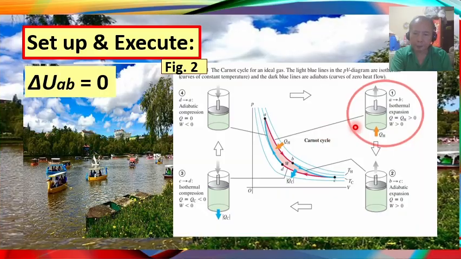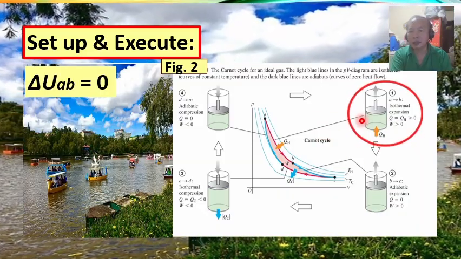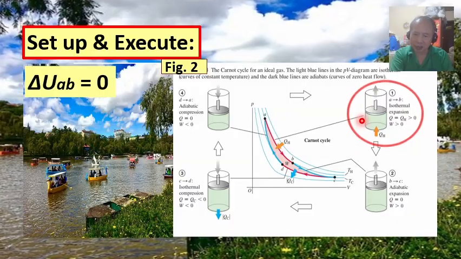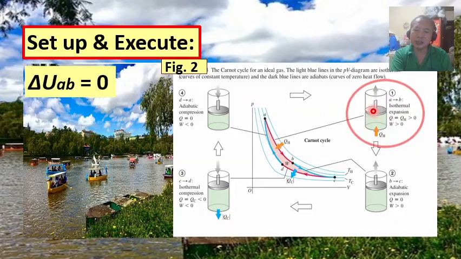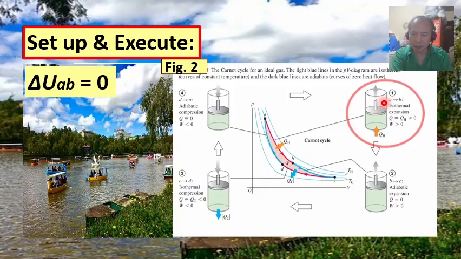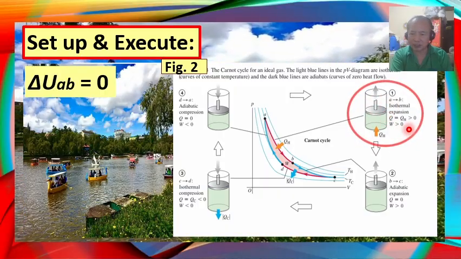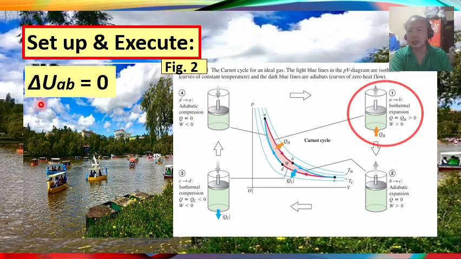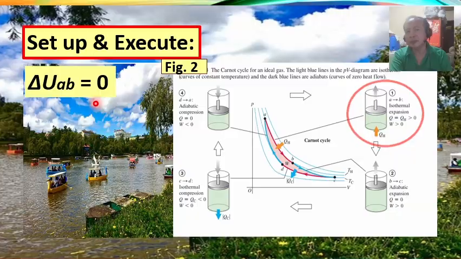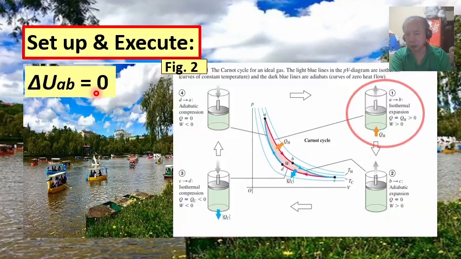But the temperature remains constant at TH. So it follows that the internal energy of the system at state A also remains constant. So there is no change in the internal energy, right? Delta U sub AB is equal to 0.